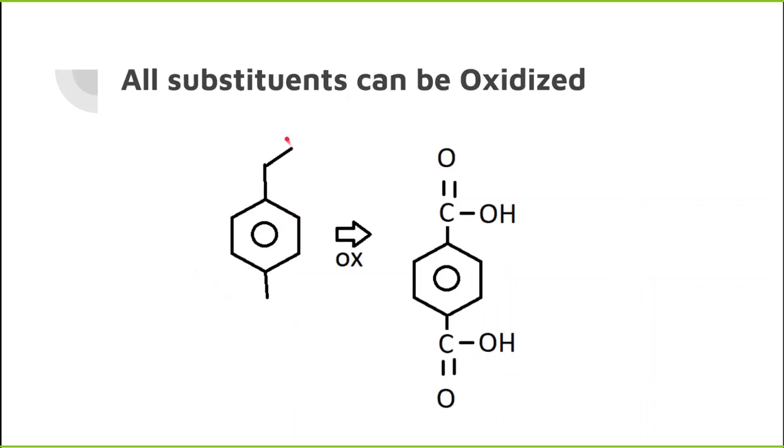And all of your R substituents can be oxidized. So here we have a methyl group hanging off of this benzene ring, and here we have an ethyl group coming off of that benzene ring. This will get lopped off, and you'll form a C double bond OH, and this just loses its hydrogens and becomes a C double bond OH.